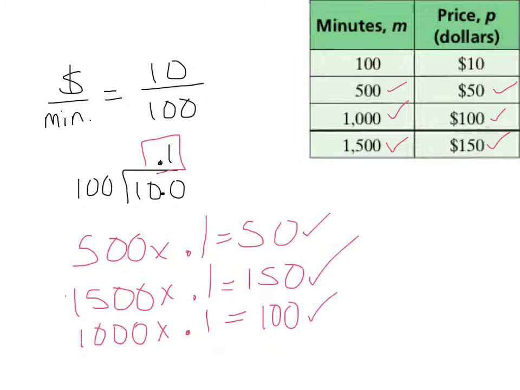We use the constant of proportionality to write an equation to find the price P per minute M. So the price equals our unit rate of 0.1 times M. Now any amount we plug into our equation will always come out with the right amount that we're looking for.